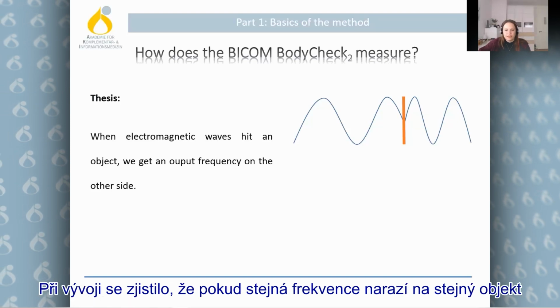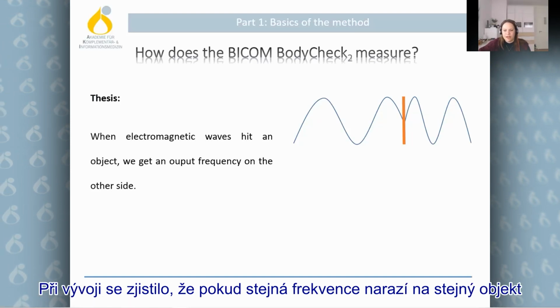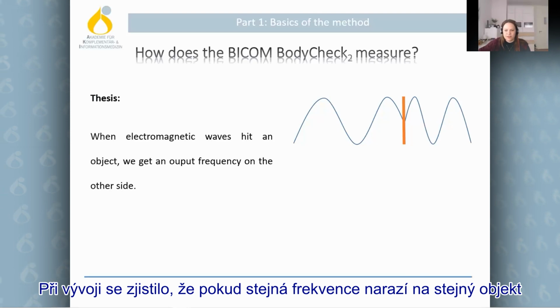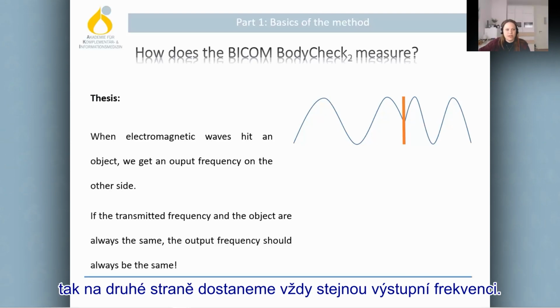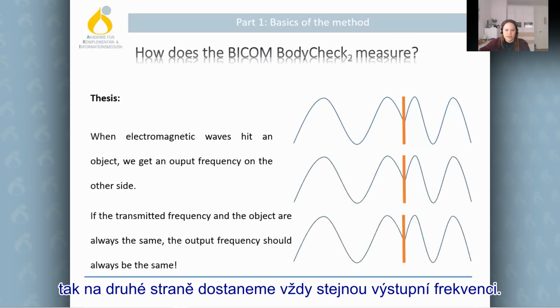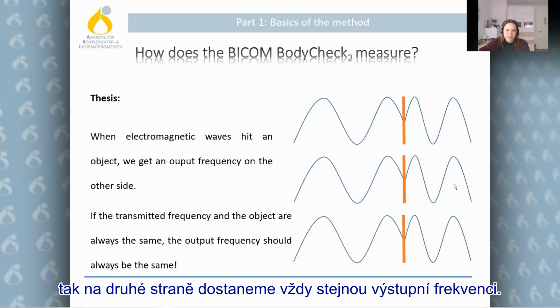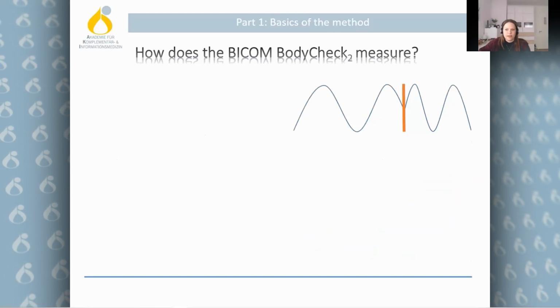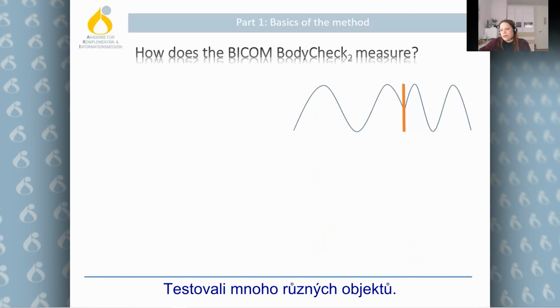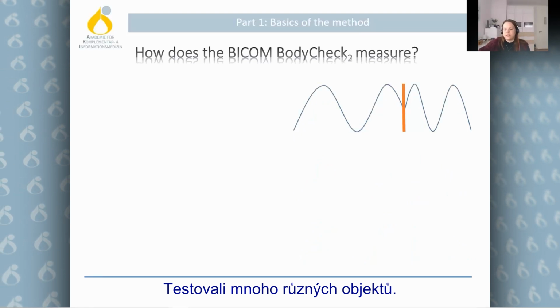And what they saw in the development is that when you always put the same frequency to the same object, you will always have the same frequency on the other side. This is what they saw in all the development and testing. They tried it with many people, many different objects.